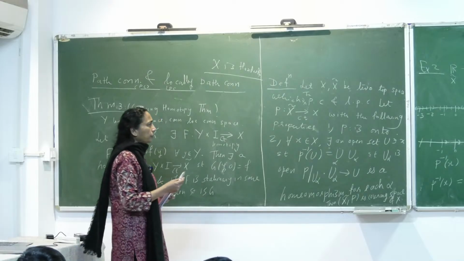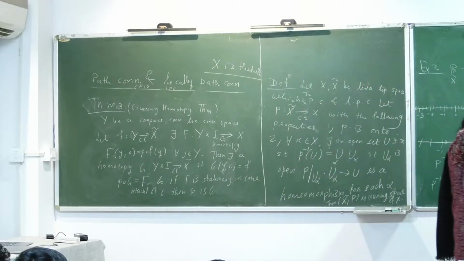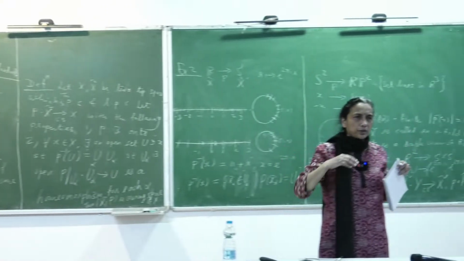In particular, if you remember that I want to say something is homotopic to a constant map for paths, then the top part is constant. So when I lift, there also the top part will remain constant.